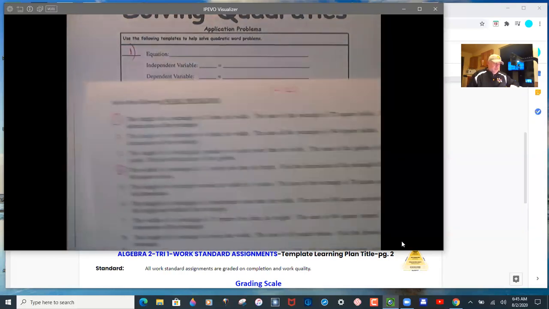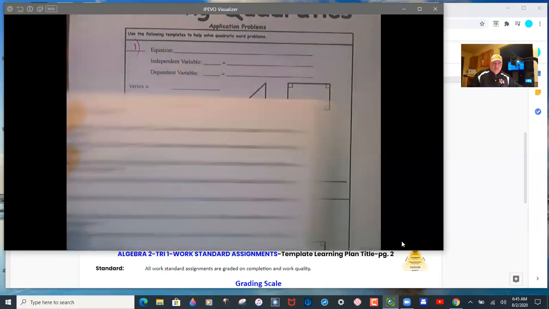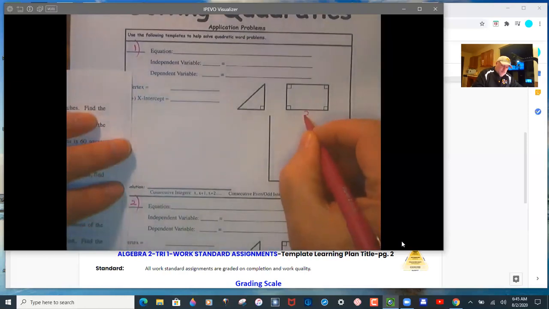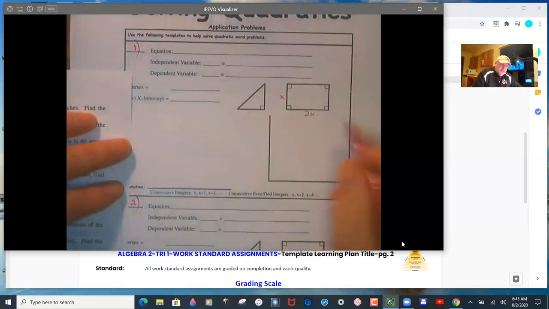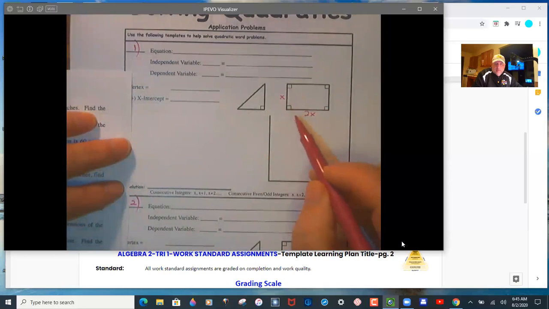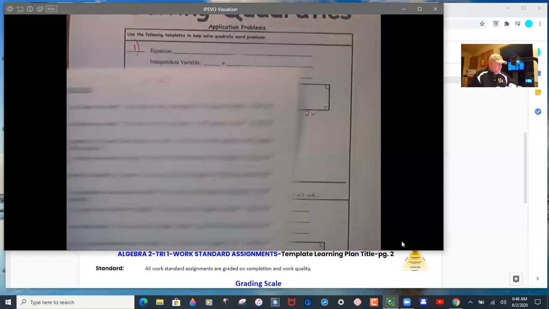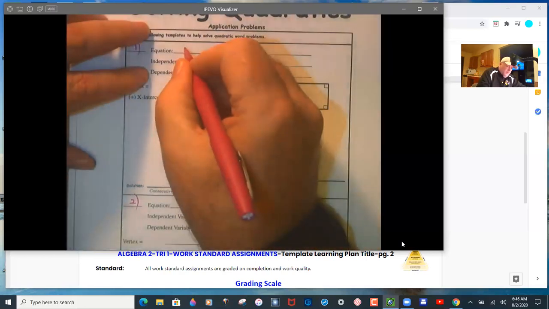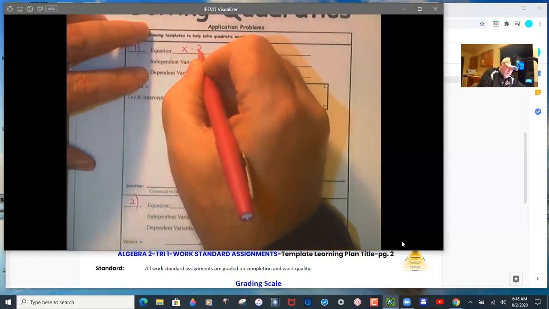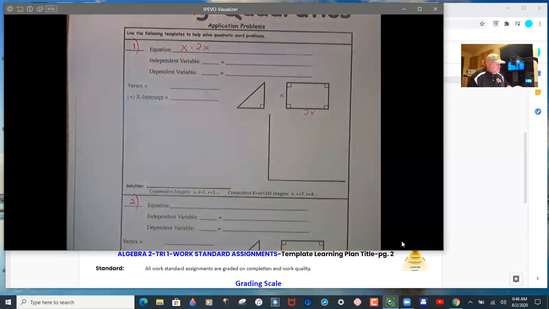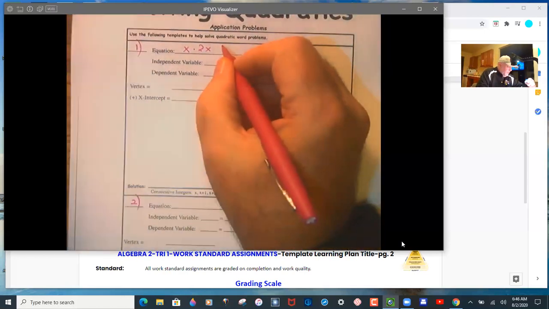The length of a rectangle is 2 times its width. I'll call the width x and the length this. The area is 72 square inches, so you multiply these together. You saw I had x times x plus 2, which was incorrect, and that equals 72.